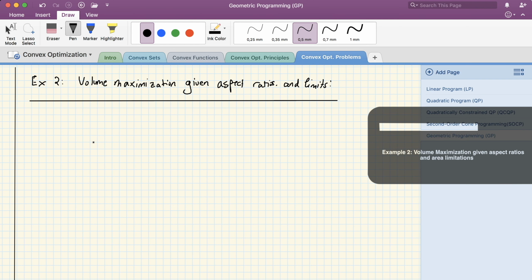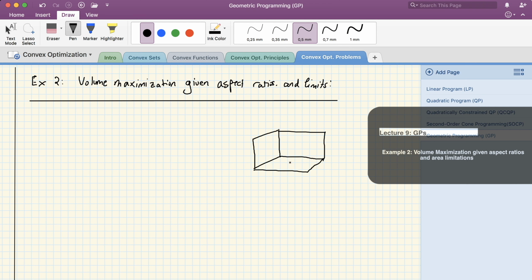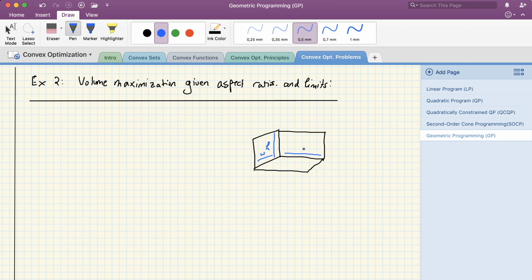Another really interesting example is when you have a certain room. Let's imagine this is my room. This is the height, this is the width, and this is the depth. What you desire is to maximize the volume of your room given some constraints on the dimensions h, w, and d. What are those constraints?